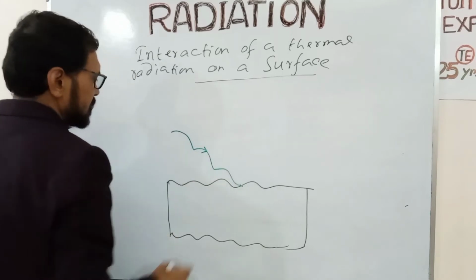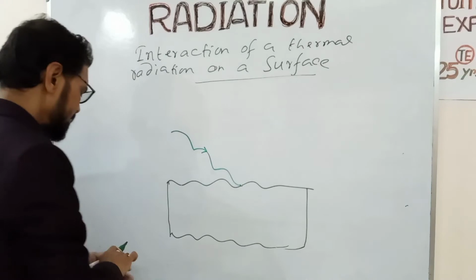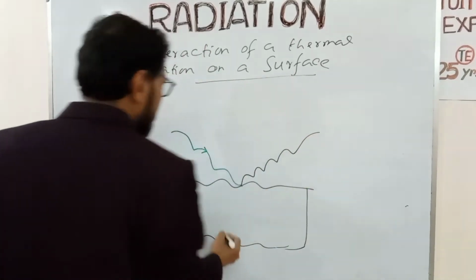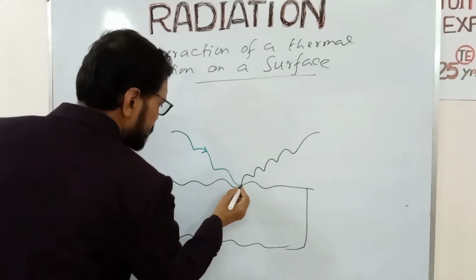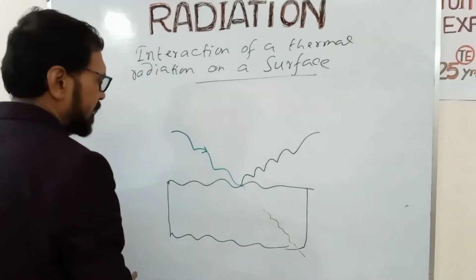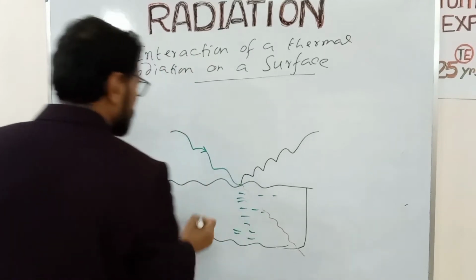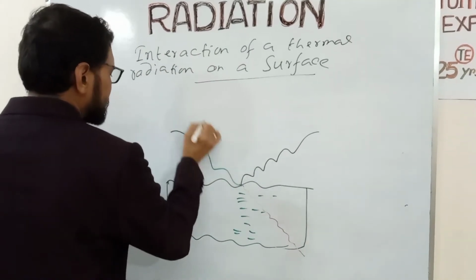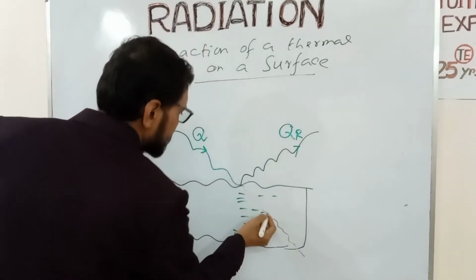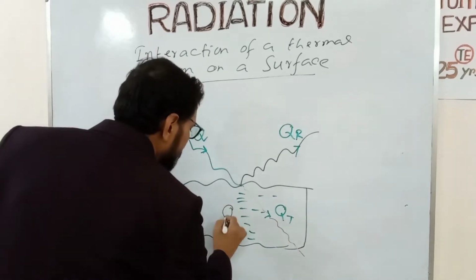Suppose this is the total heat energy incident on the surface, then a part of it is reflected, a part of it is transmitted, and some part is absorbed. So the total amount of heat energy incident on the surface is Q, some part is reflected, QR, some part is transmitted, QT, and some part is absorbed, QA.